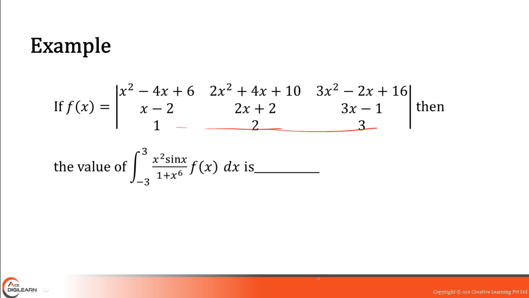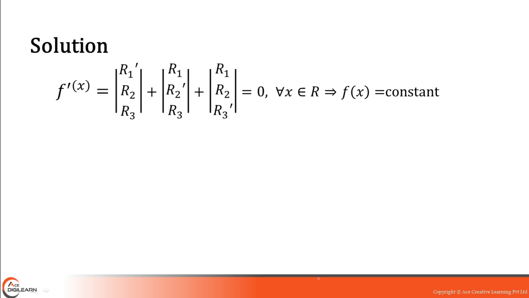So based on that given function, we can write f dash of x by differentiating the determinant row wise: differentiating the first row keeping the other two unchanged, differentiating the second row keeping the first and third unchanged, differentiating the third row keeping the first and second unchanged. We get in every case two rows identical, hence the value of the determinant is 0.